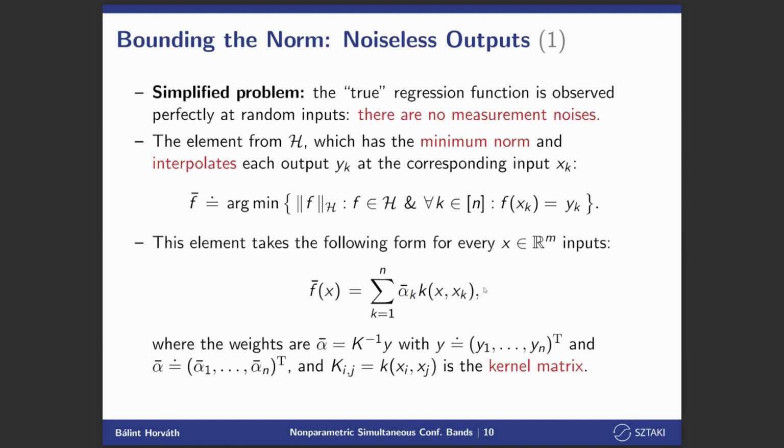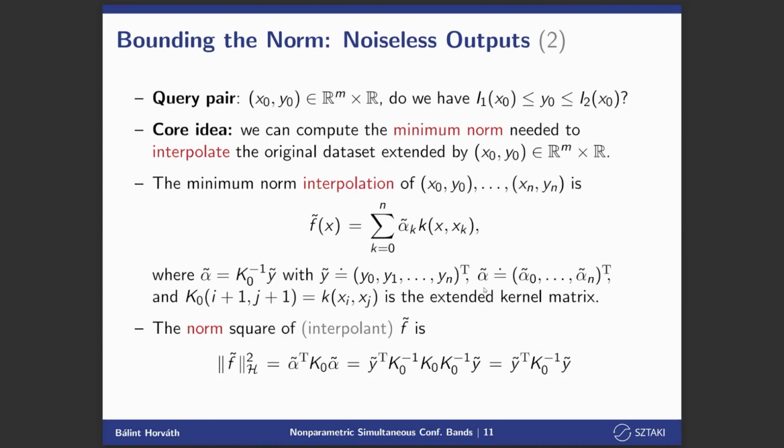So this function will help us to create some bounds. And how do we do that? Well, basically, we take some random x0 and y0 pair, and we extend this interpolation function with this new pair of points.